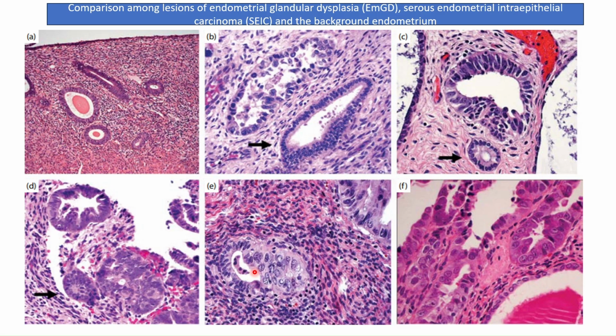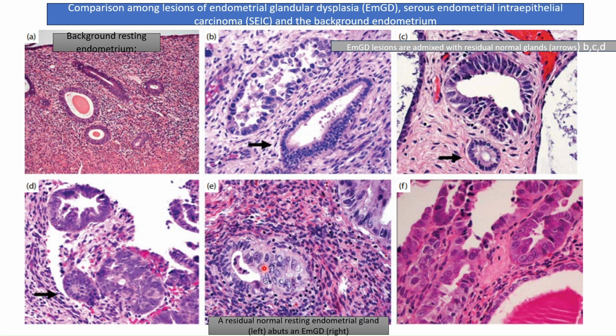Now in this section E, what we can see is an important transition from normal atrophic gland to endometrial glandular dysplasia. So beautifully seen normal portion here and abnormal portion of the gland showing atypia.